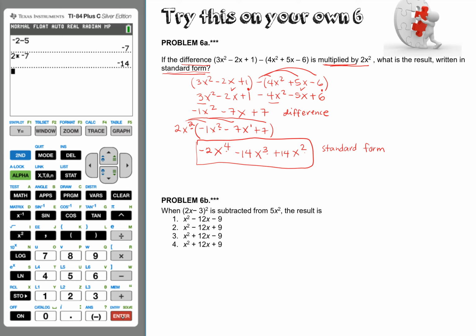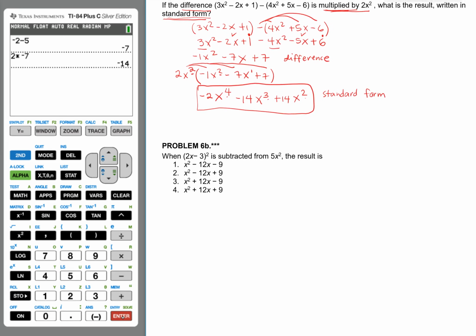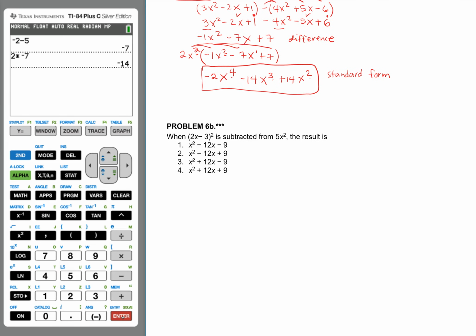Okay, now for problem number 6b. Since you are given choices here, I encourage you to use the calculator when you are given multiple choice, but it's up to you. I suggest that in the Regents exam, it's much better to use the calculator. The only thing you have to be careful about here is that it says subtracted from 5x squared.